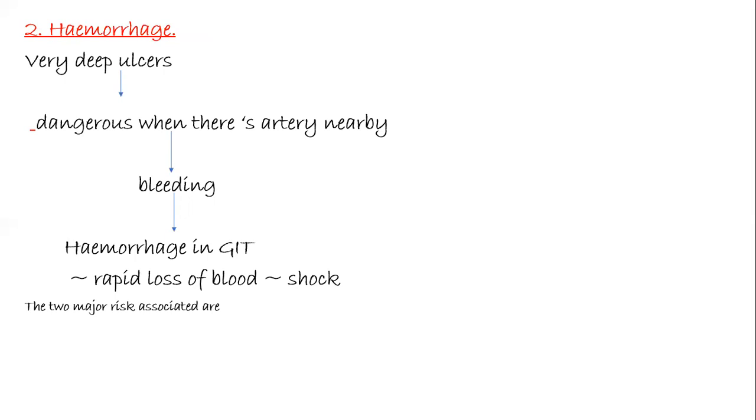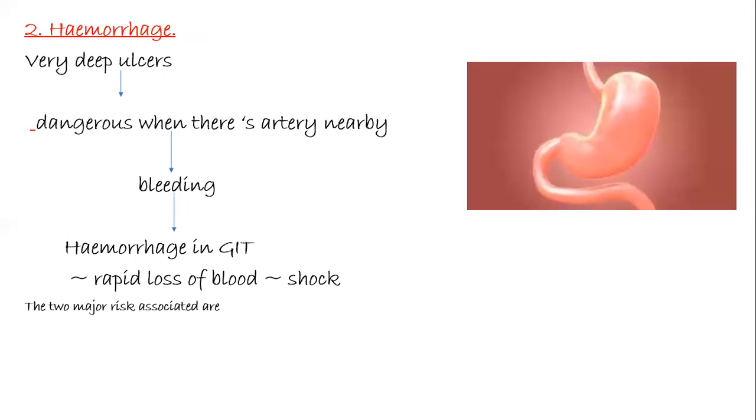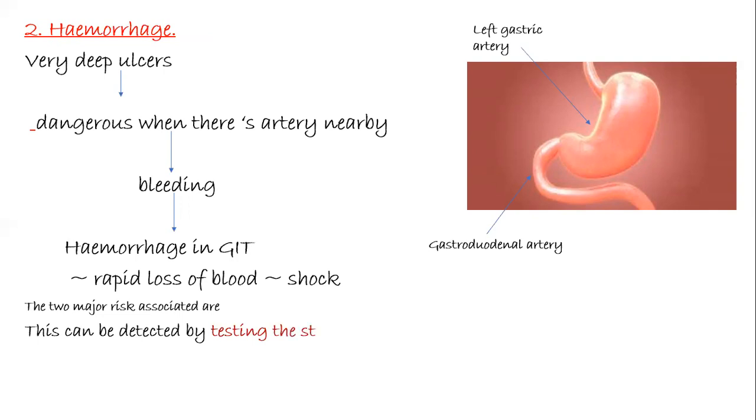There are two major risks associated. Near the lesser curvature, there is the left gastric artery. If that is damaged, it might result in hemorrhage. And near the duodenum, there is the gastroduodenal artery. If these two arteries are damaged, it leads to hemorrhage. This can be detected by testing the stools for occult blood.